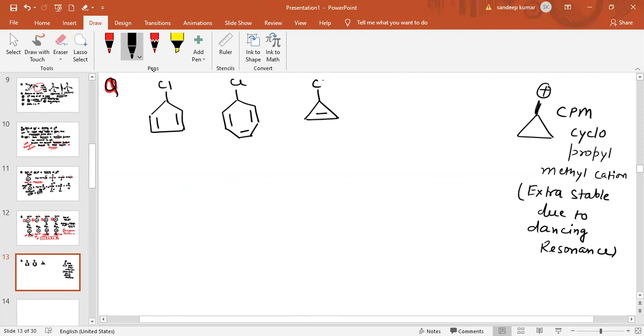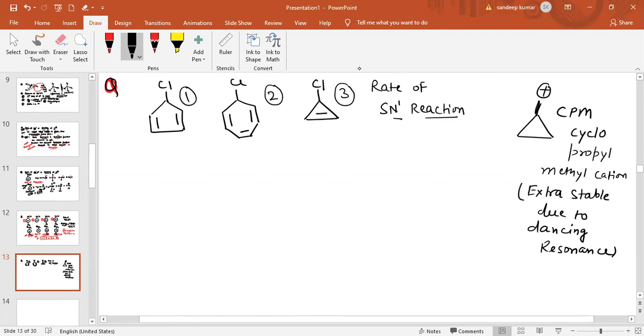We have to compare the rate of SN1 reaction. What is the rate of SN1 reaction in these three compounds? This is the first one, this is the second one, and this is the third one. We have to compare the rate of reaction in these three compounds.